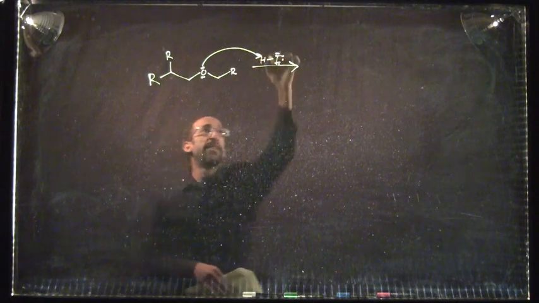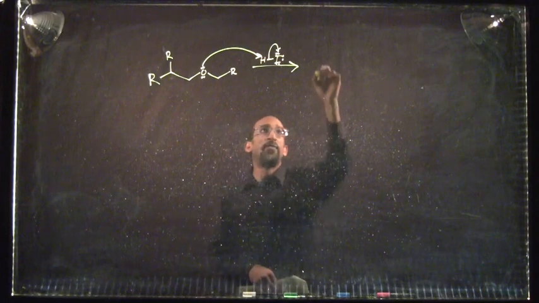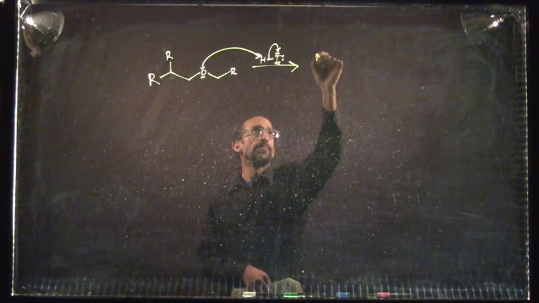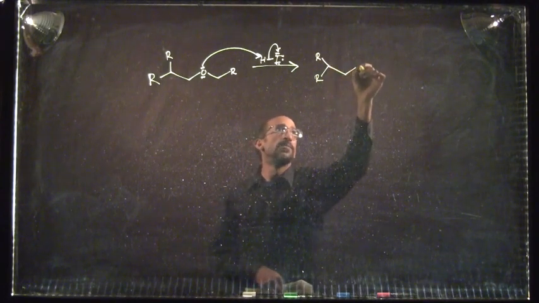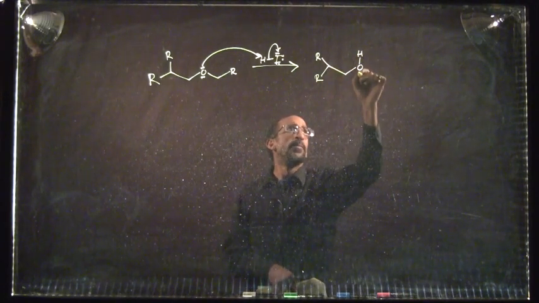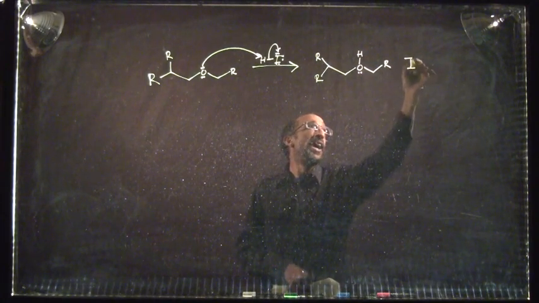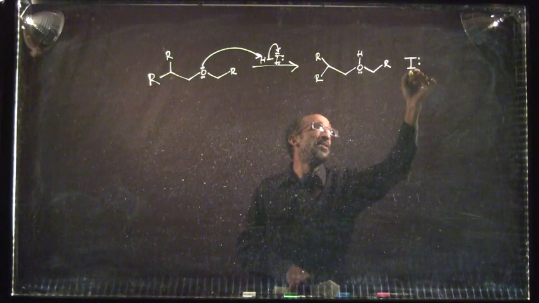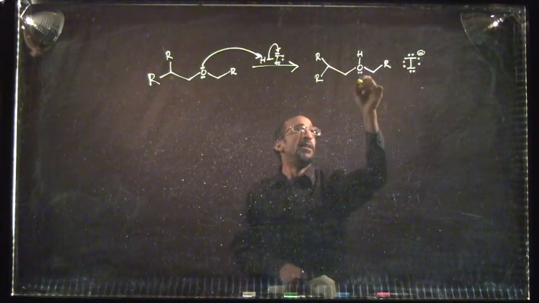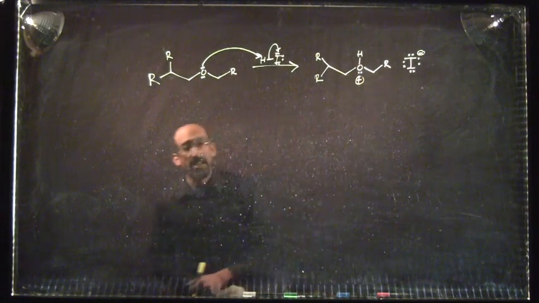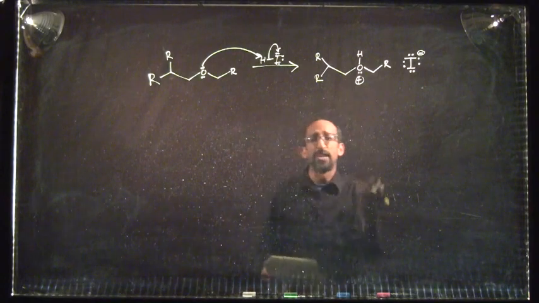It's going to pick up that hydrogen atom from our acid to form an oxonium. And we're going to have iodide, or if I was using hydrogen bromide, we'd have bromide ion, produced by this acid-base reaction.